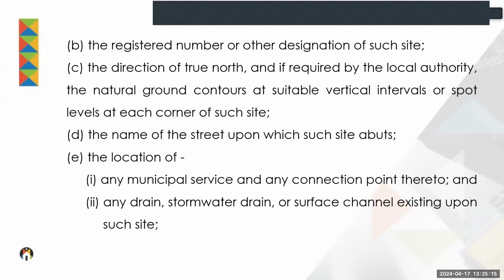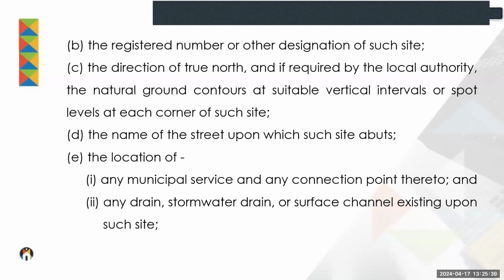The registered number or any other designation of such a site, the direction of true north. That's also a thing that is not always shown on plans. And if it's required by the local authority, the natural ground contours at suitable vertical intervals or spot levels at each corner of such a site.